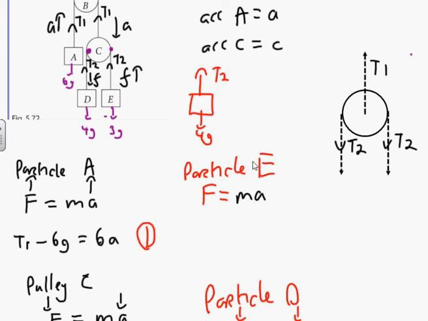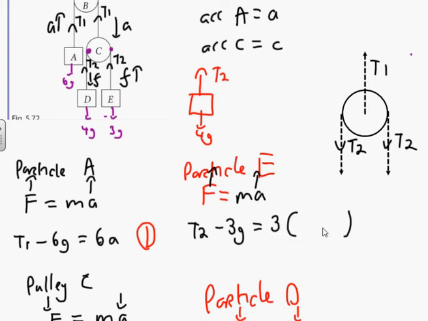Just be consistent. Choose one. You can't give me a wrong answer. Is it going up or down? Okay, let's say it's going up. What force is going up to cause it to go up? T2. And what's opposing the T2? 3G. Its mass is 3.